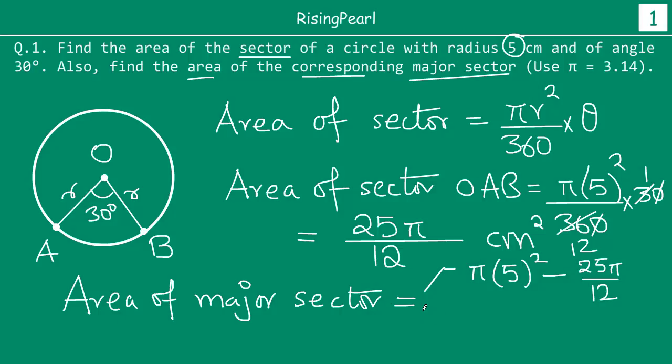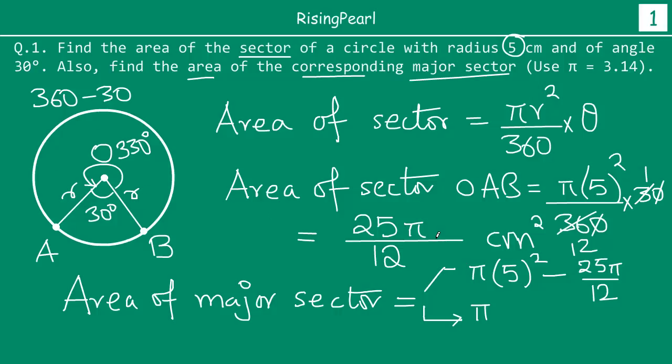The other way to solve this is, if we take this angle, what is this angle? This angle should be 360 degrees minus 30 degrees, which is 330 degrees. So simply you could also do that. If you think about area of a sector whose angle is 330 degrees, that will give you this entire area.